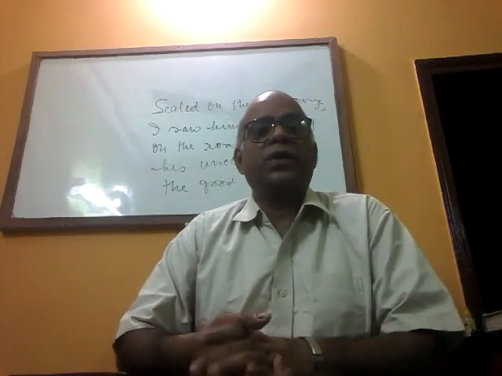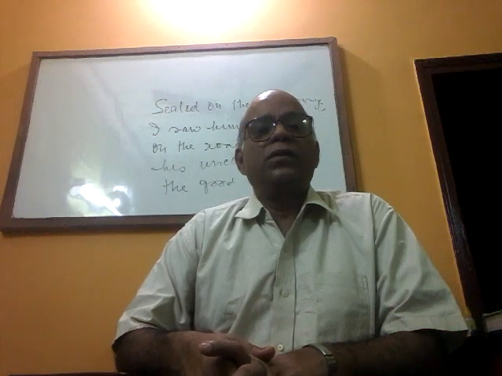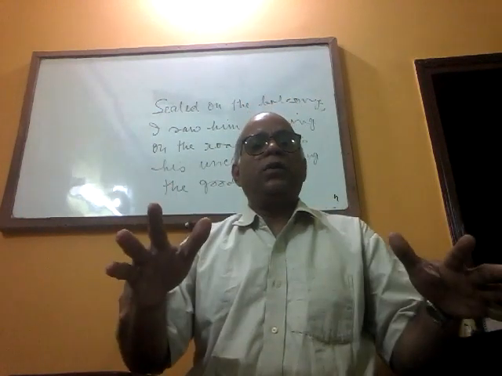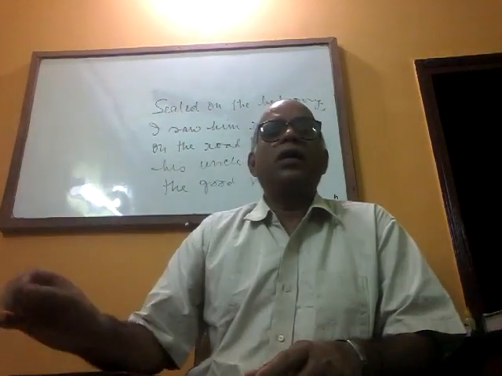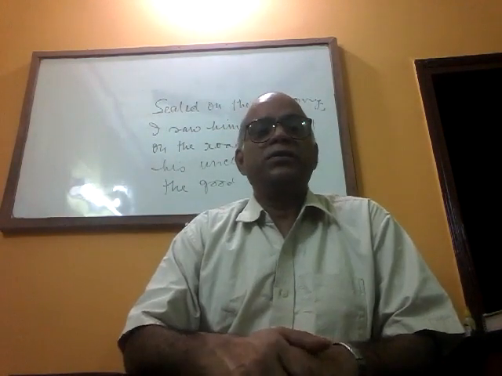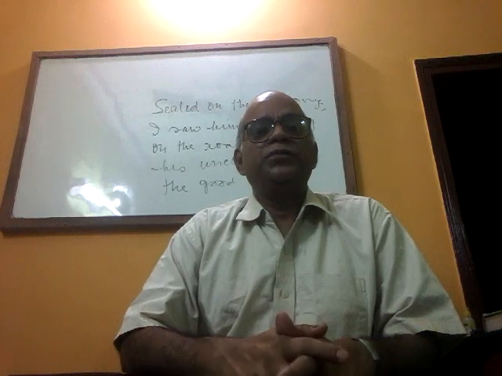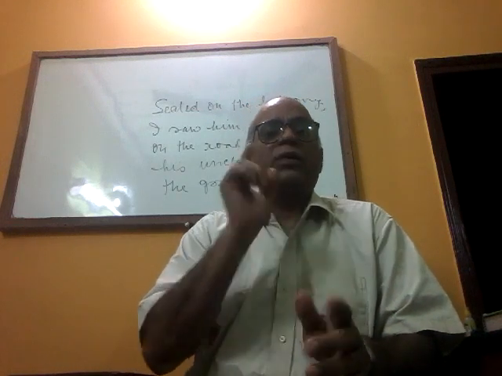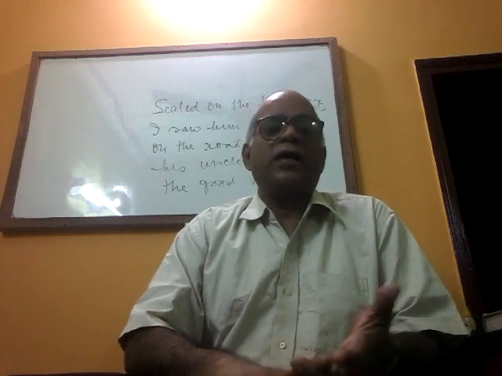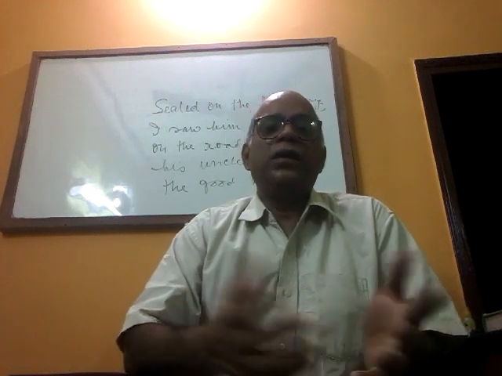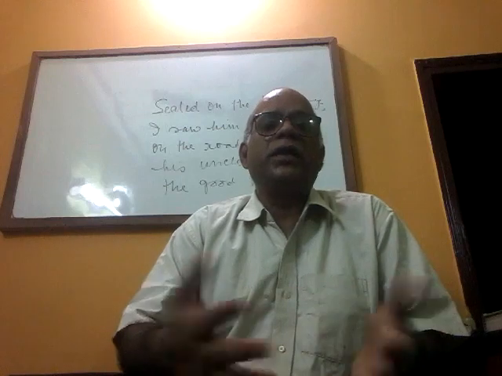Subordinate means less important. You see, in our home, father is the most important person and all others are subordinate to him. Almost a similar type of idea. So a subordinate clause is of three types: noun clause, adjective clause, adverb clause. That is all about clauses, and we will discuss these in the next class.